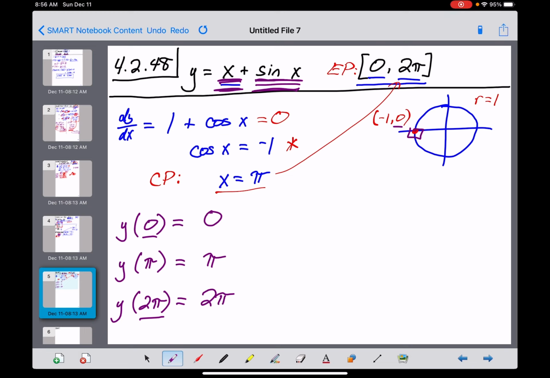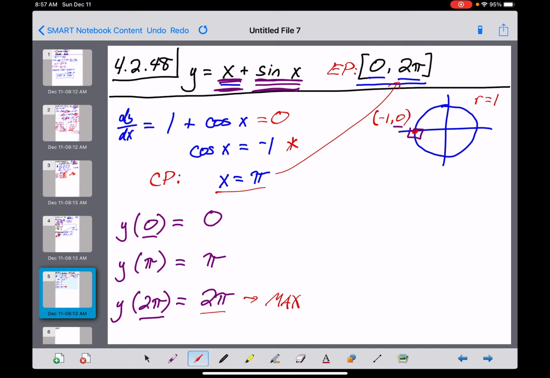So basically, guys, as we move a little further along from left to right, in what they're showing us here, your y values just keep getting bigger. So again, they were asking for the max and min values of the function on this interval. The maximum is your highest y value, which is 2 pi here. I'm sorry, they didn't use the word absolute, so I'm not going to either, but that's what it is.